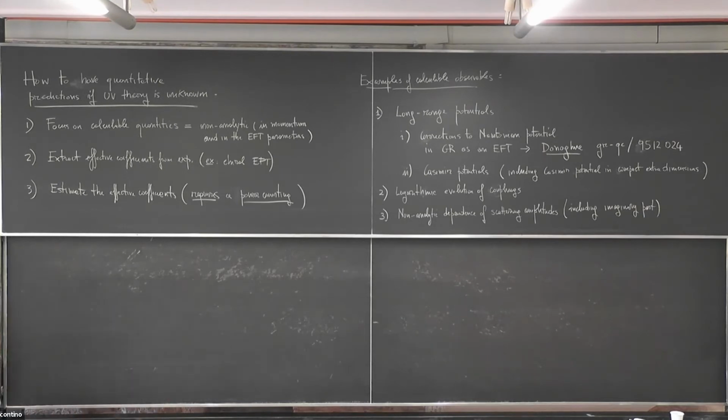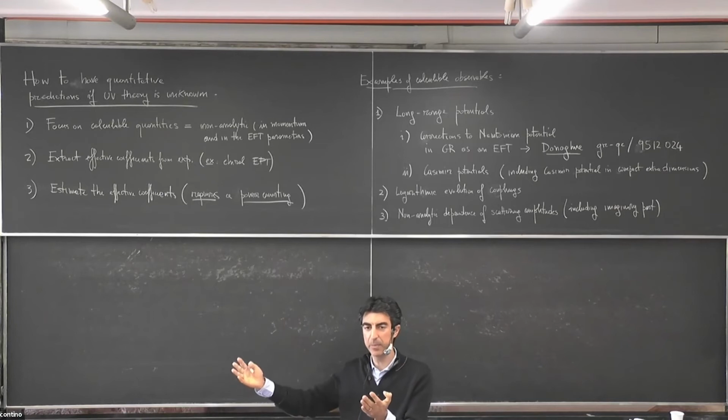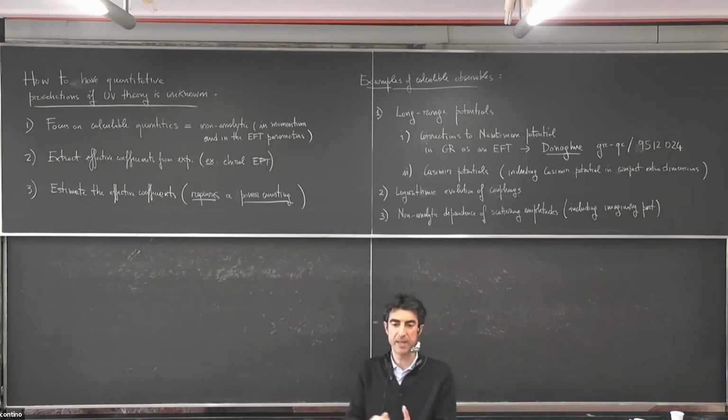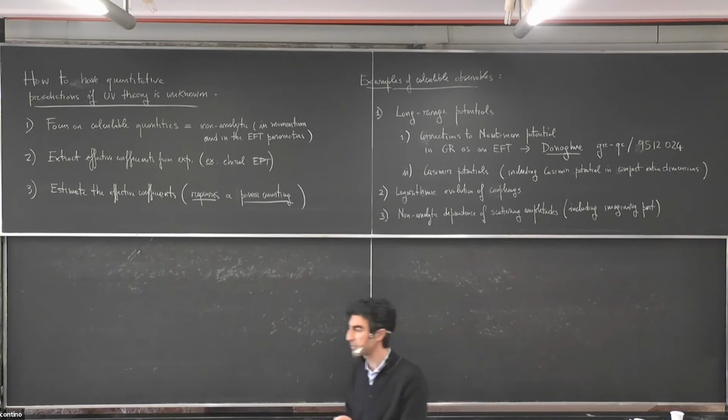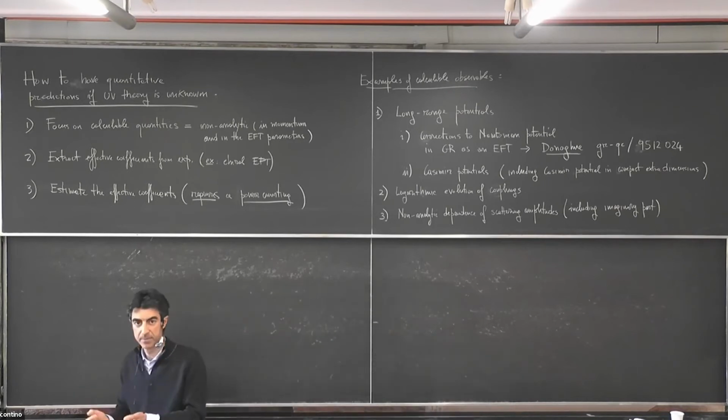Okay. So first of all, how can we write a very simple estimate of the coefficients? Well, we need to take into account their dimensionality. If they multiply an operator of dimension d, they will have dimensionality 4 minus d in mass, in energy.